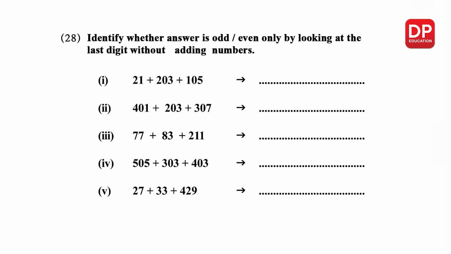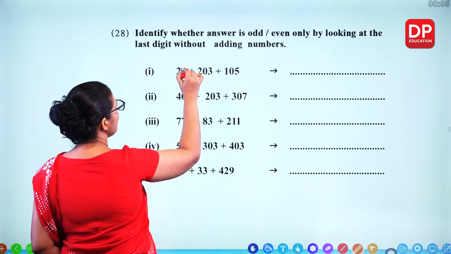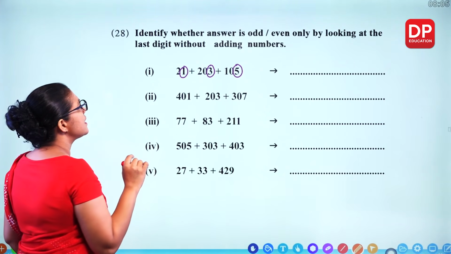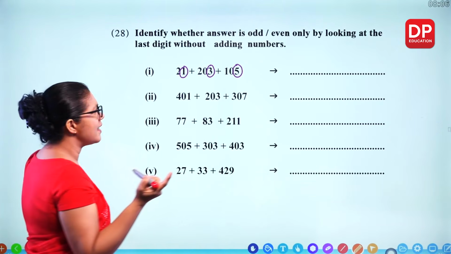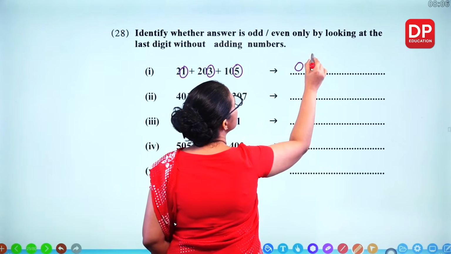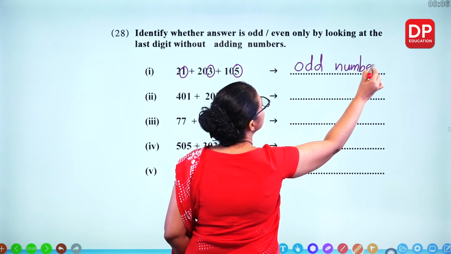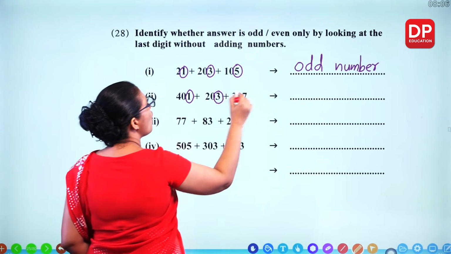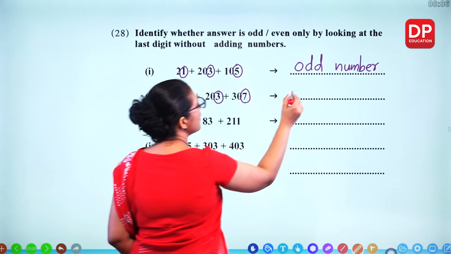Identify whether the answer is odd or even only by looking at the last digit without adding numbers. Only last digit. 1, 3, 5. Add it. 8 plus 1, 9. Last digit is 9. You get odd number. 1, 3, 4. 4 plus 7, 11. Last digit is 1.